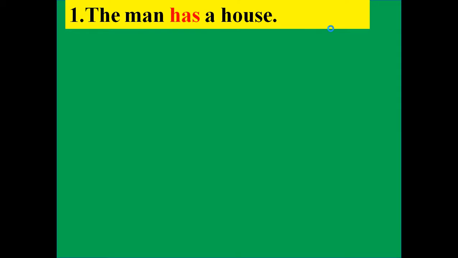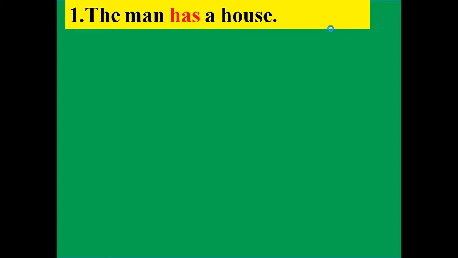Look, number 1, the man has a house. Here is red writing letter has, and you know this is a main verb. Has, originally it is an auxiliary verb.